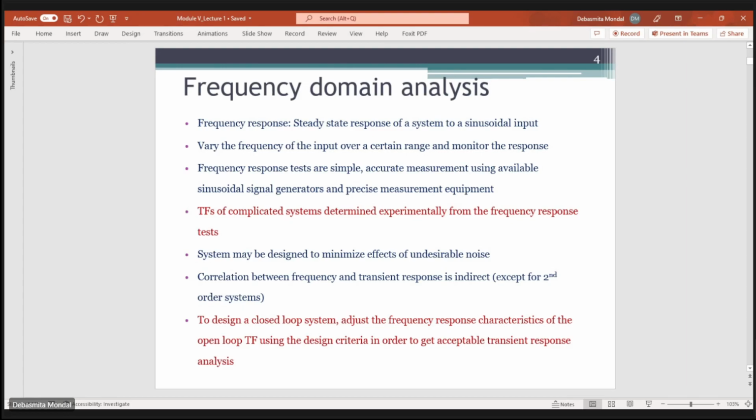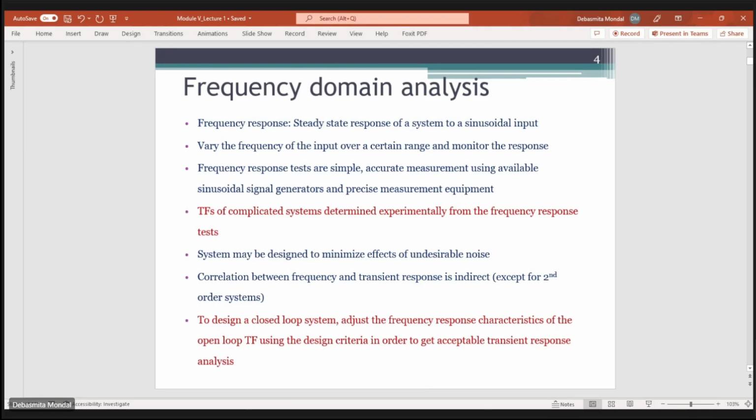Let's say your system has to be designed for a certain damping constant zeta and a certain omega n value. To achieve those values, we adjust the frequency response characteristics of the open loop system, and from that we can satisfy the given time response or transient response specifications.